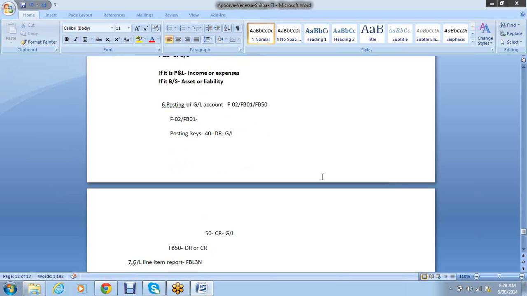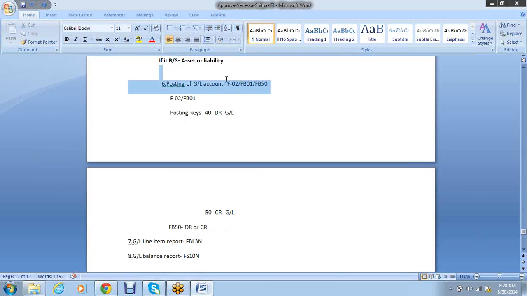Next, posting of GL account. We can do the posting in these three T-codes: FD02, FB01 and FB50. Whenever I'm using FB01, I have to use a posting key to determine debit or credit for the GLs. Posting key 40 is for debiting the GL accounts, only GL, no customer, no vendor, and not for assets.